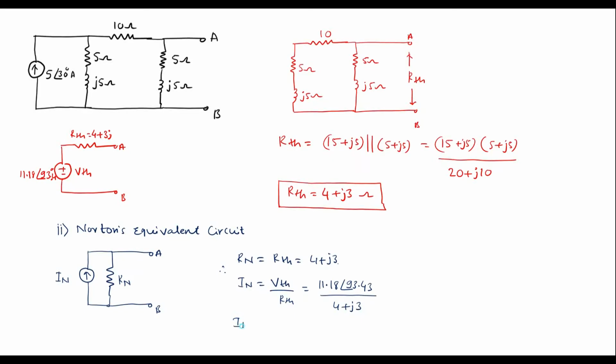Therefore we can write IN is equal to 1.232 plus J1.86, which is in rectangular form.